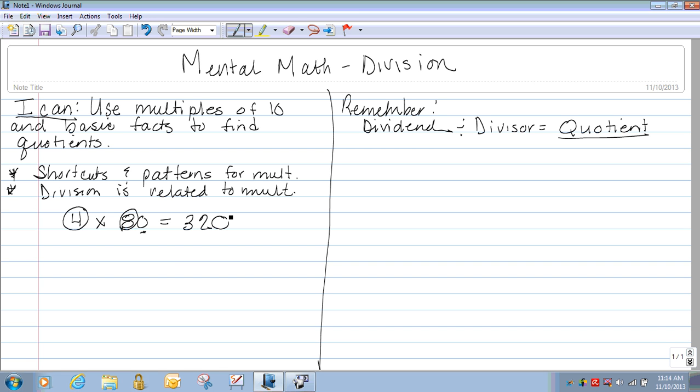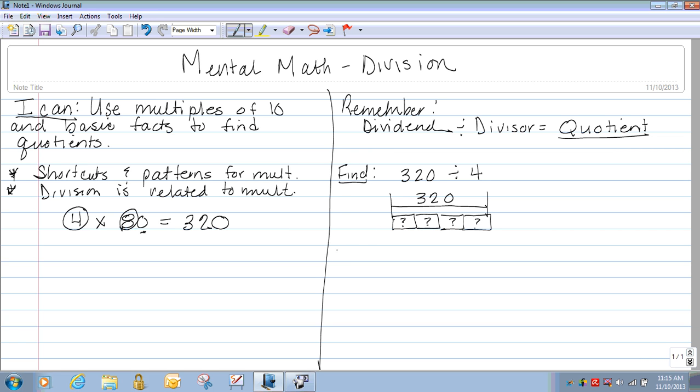We could use these same types of patterns for division. Let's take an example. Let's find 320 divided by 4. If I draw my bar diagram, I know that 320 is my whole. I know that there are 4 groups, and I am trying to determine how many are in each group.